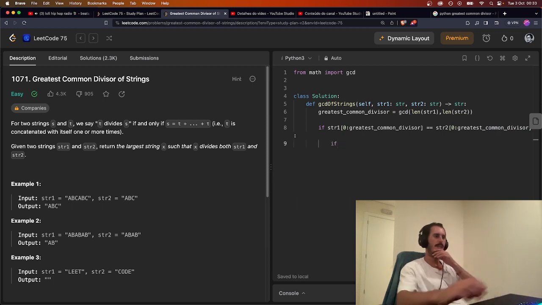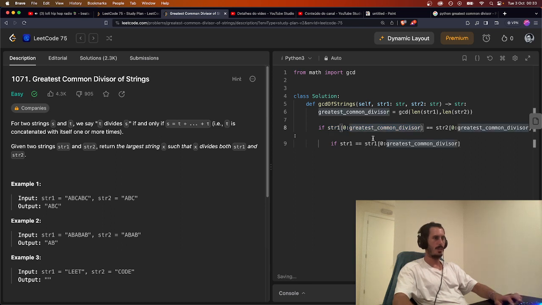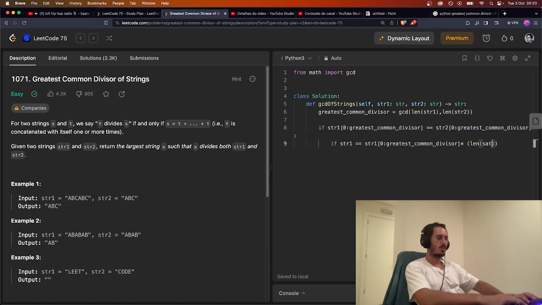So now we need to see that string 1 is equal to string 1 from 0 to the greatest common divisor, so in this case AB, times the length of string 1 divided by 2, integer division.